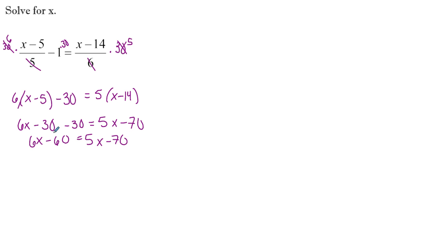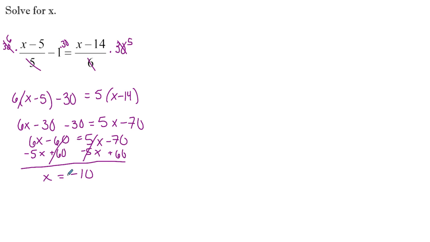And you can move all of your constants to one side and all of your variables to the other side. What I'm going to do is subtract 5x on both sides and add 60 to both sides. So then we can see here the 5x's cancel, the 60's cancel, and that gives us x equals negative 10.